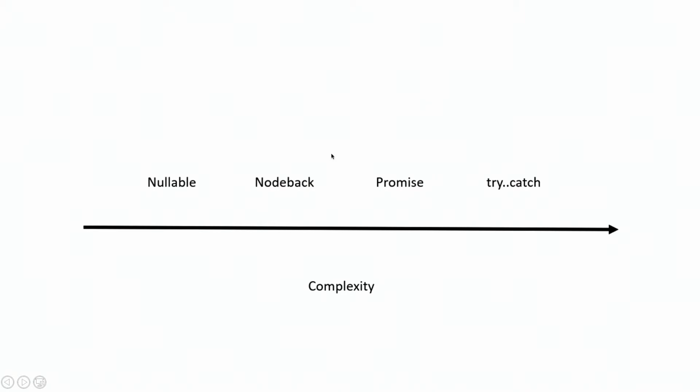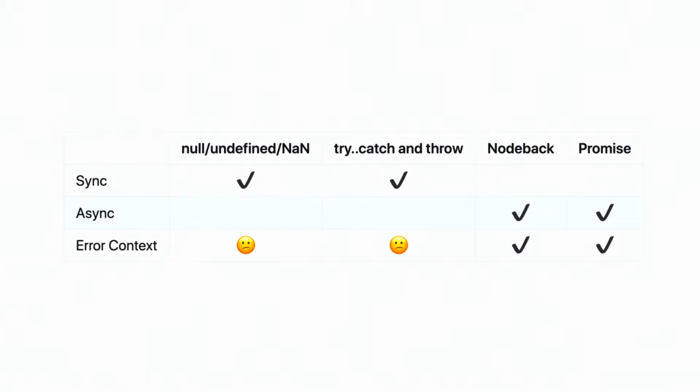On my scale of complexity, by no means do you have to agree with this, I rate those things from the simplest on the left to the most complex on the right. So here we have the selection of tools we can use to handle errors in our applications. If you look at how they work, for example, nullable is always sync.